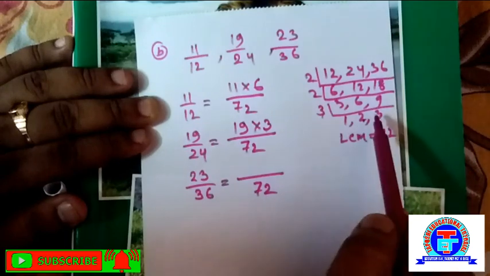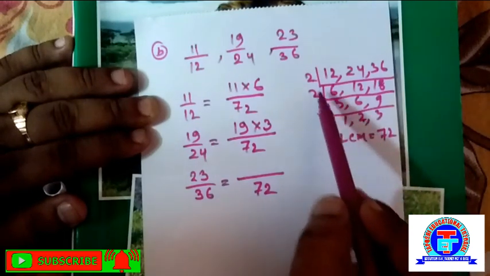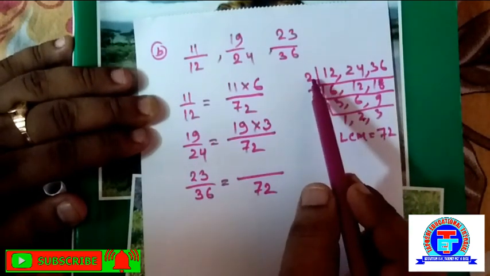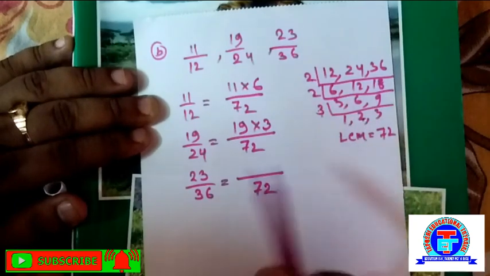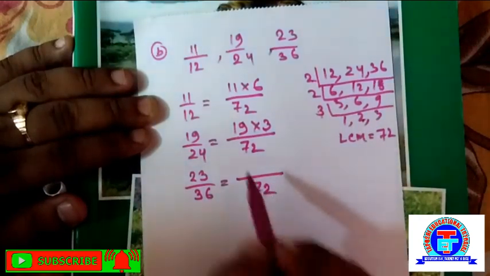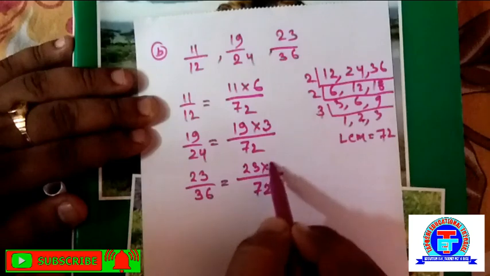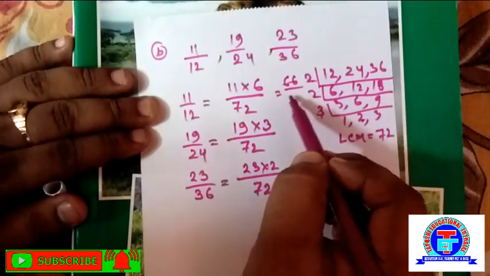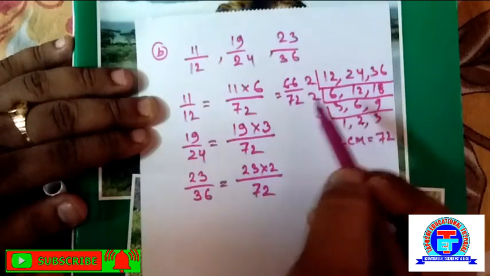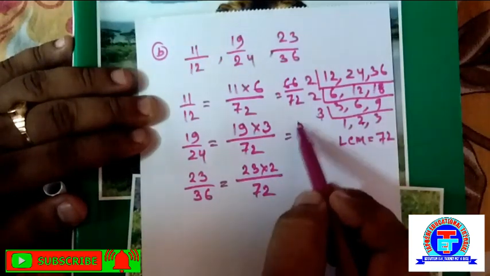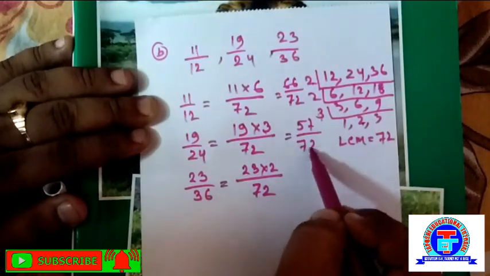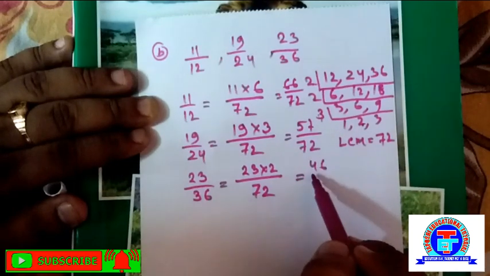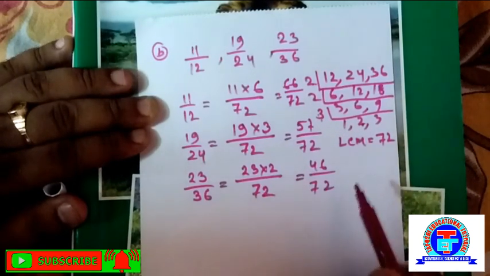This one 36, so this one 6 and this one 6, 36. Now remaining this one 2, so we write here 36 2s are 72. So 23 into 2. So it will become 66 by 72, and this one 57 by 72, and this one 46 by 72.